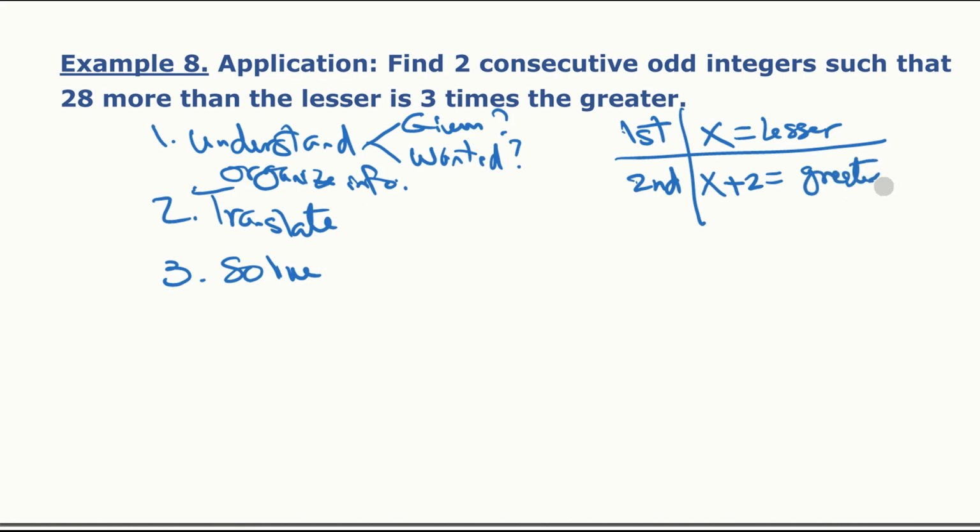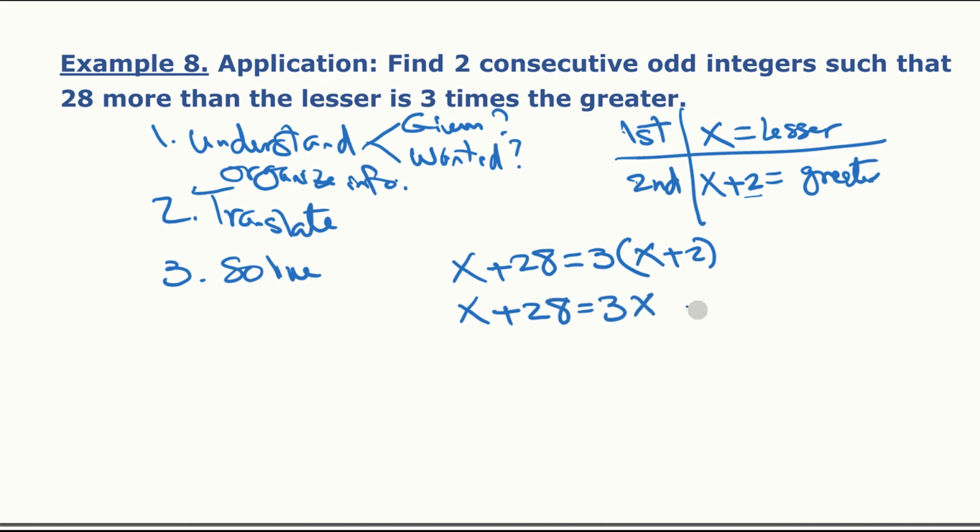All right, so 28 more than the lesser will be just x plus 28 is 3 times the greater, which here is x plus 2. Okay? And we get x plus 28 equals 3x plus 6.